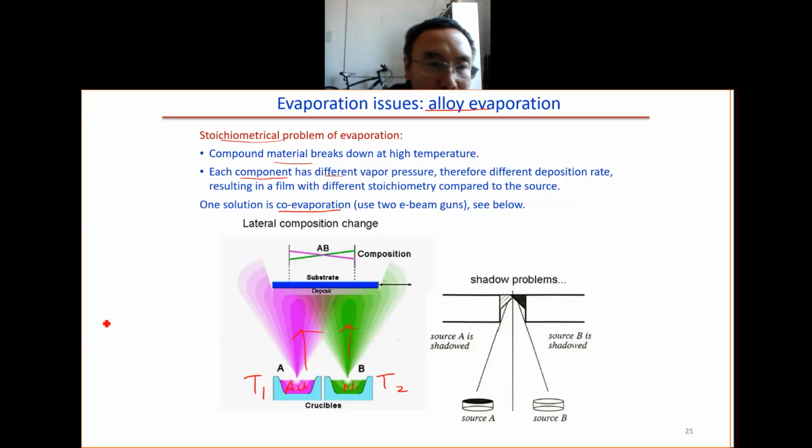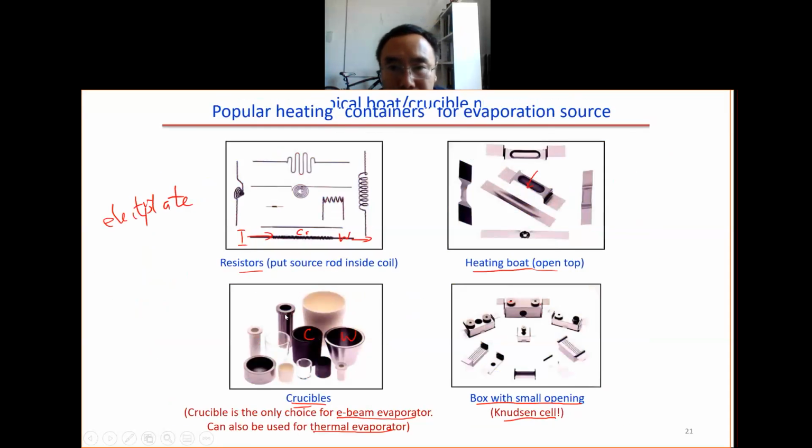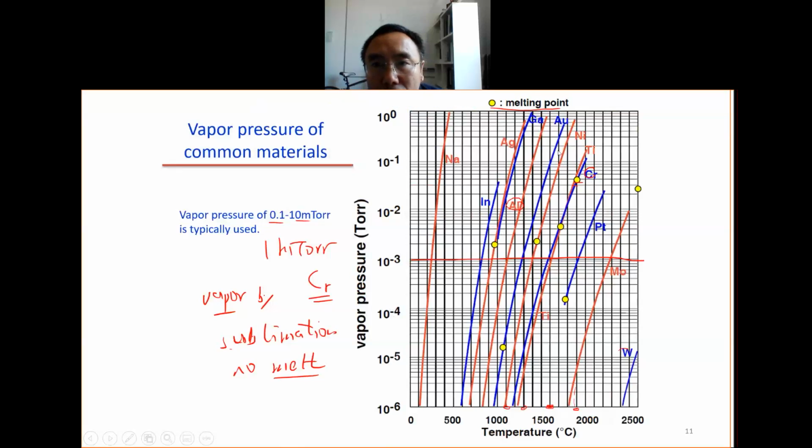Otherwise, if we have the gold nickel alloy, we have the wafer here. Then you can imagine which material will deposit more onto the wafer at the beginning. Gold will be more than nickel, because if you look at the slide, you see the gold is the blue curve, nickel is the red curve.